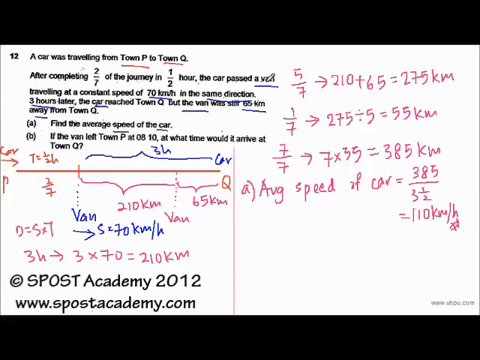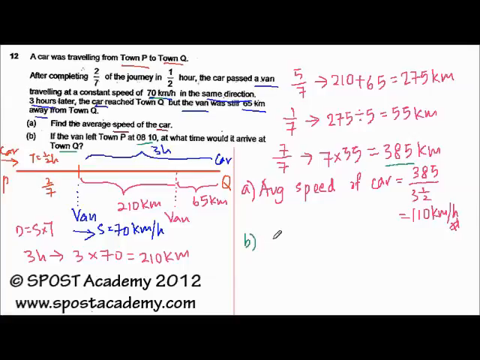Then part B asks us, if the van left town P at 8:10, what time would it arrive at town Q? So the total distance traveled by the van is also 385 kilometers, and its average speed is 70 kilometers per hour.